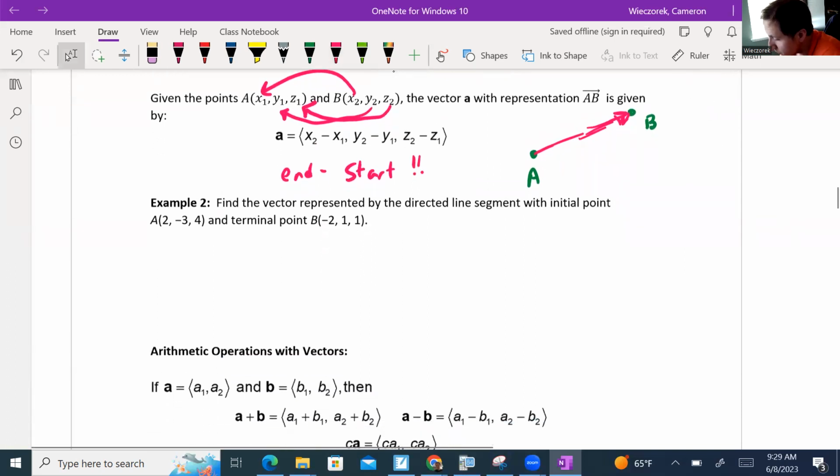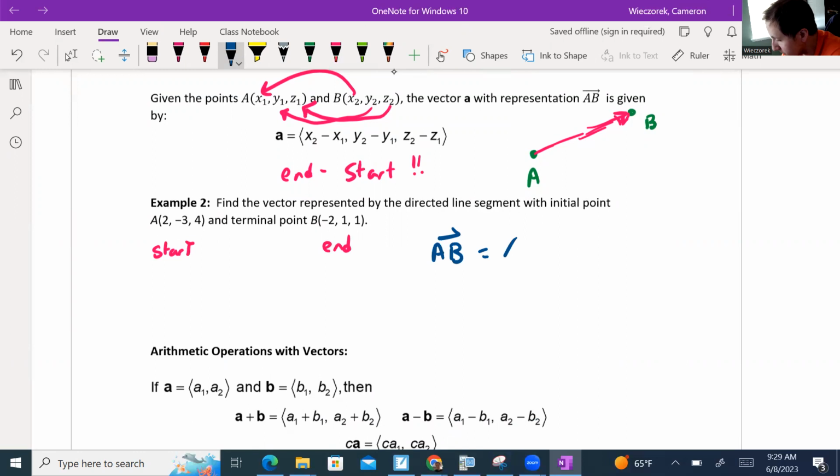So find the vector represented by the directed line segment with initial point. So we are starting at (2, -3, 4). Terminal point, we are ending at (-2, 1, 1). So all I'm going to do to make the vector, starts at A, ends at B. So make my vector notation.